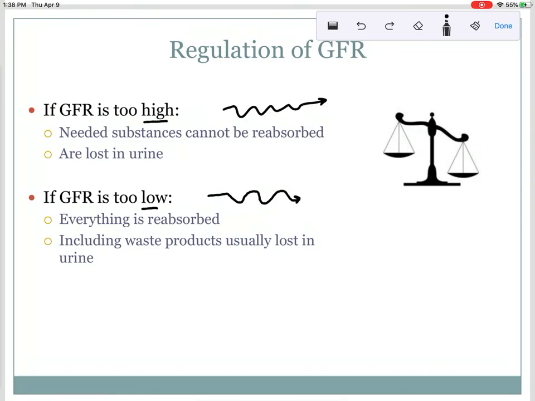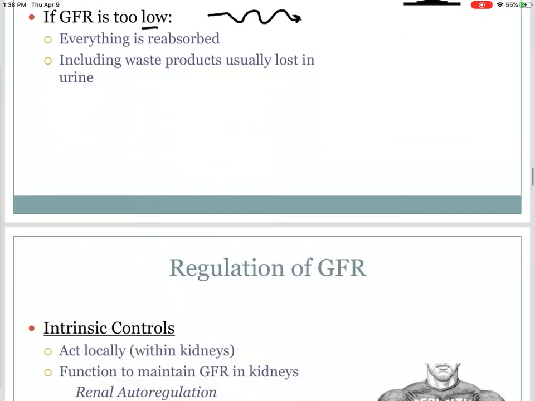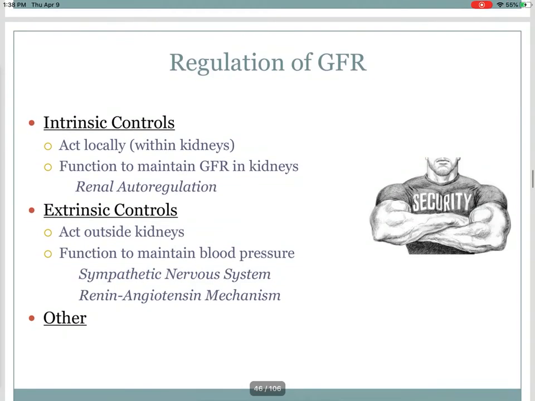And if too much is reabsorbed, we may be reabsorbing waste products that are usually lost in the urine. So just review that globally. Now let's get into the specifics. We're going to talk about intrinsic ways that the glomerular filtration rate can be regulated, and extrinsic ways that we can regulate the glomerular filtration rate.